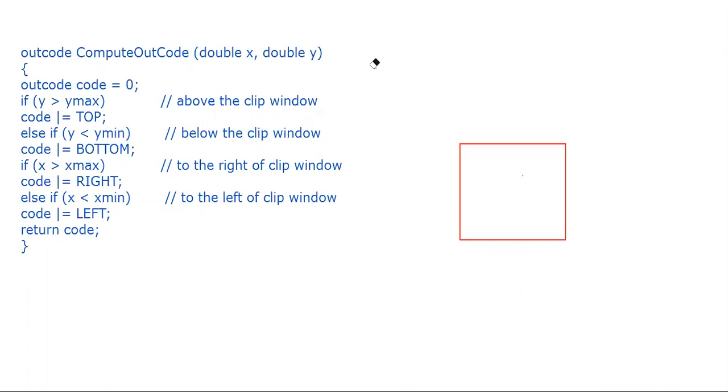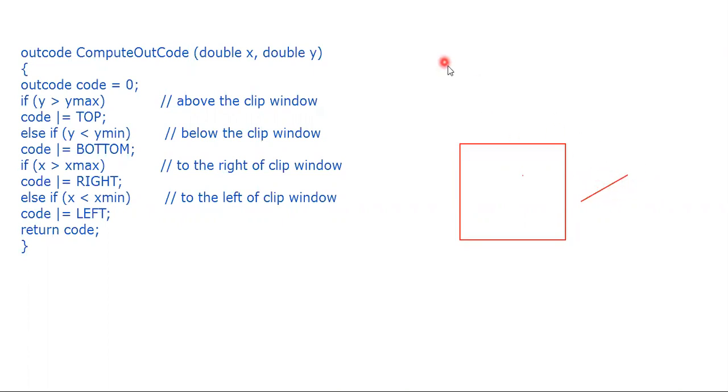Now one more drawing I will draw over here. This is x minimum, and this is x maximum. If it is greater than x maximum, that means you should clip this; clipping means you should remove it.